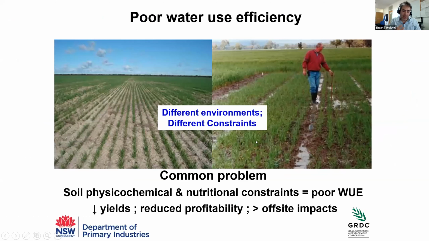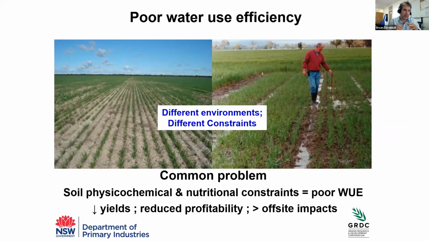What is the major problem in sodic soils and acidic soils, or wherever you have a soil constraints problem? You can have a waterlogged system, you can have a crop establishment issue. There is one factor in common between all these problems, and that is poor water use efficiency.